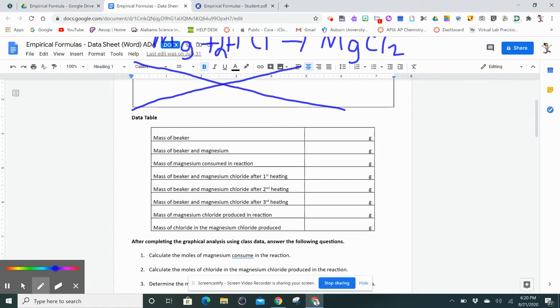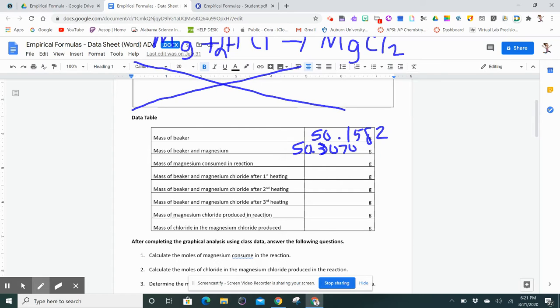So to start with, we are going to take the mass of our beaker as being 50.1582. Okay, so that's what's going to go in there, and that's just the mass of just the beaker. The mass of the beaker and the strip of magnesium that we put in it is 50.3070. Okay, so we're going to subtract those two numbers to get the mass of the magnesium.